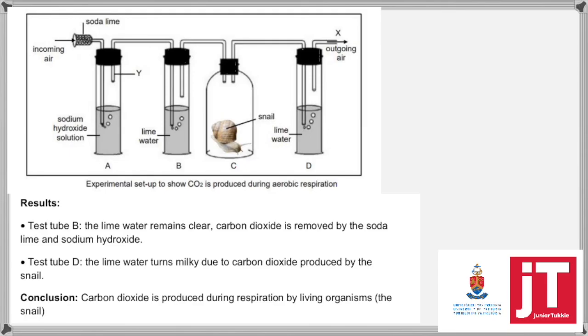One last question I'm going to leave you with is, how would you improve the reliability of this conclusion that carbon dioxide is produced during respiration by living organisms? How would we improve the reliability of an investigation like this?